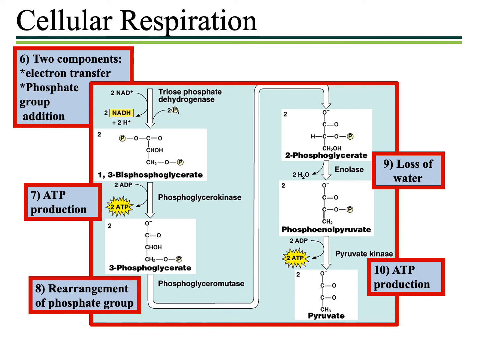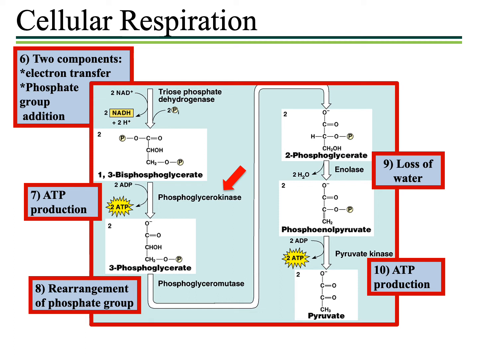Next comes the energy payoff phase. And here too, again, I'm not going to ask you for every single step. I just like to highlight this to give you some idea of the complexity that is taking place during this process. In particular, you can see that there are enzymes that are kinases.